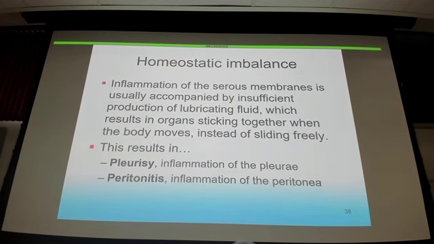We always keep bringing back homeostasis, and we always will, because that's a big part of learning anatomy and physiology especially. And so I'll often mention what happens in different areas we talked about with homeostatic imbalance. In these areas where we have that space, if that fluid is lacking in the pericardial space, it's going to start to rub and have friction.